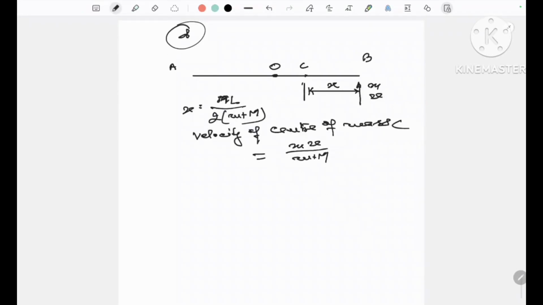In this direction, velocity of particle is equal to v.